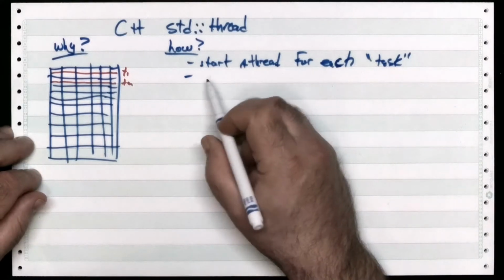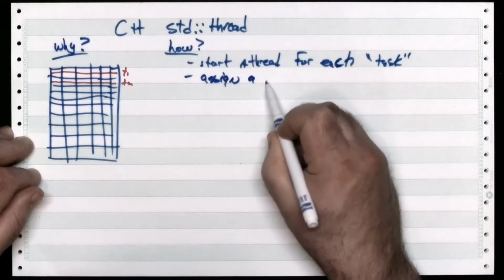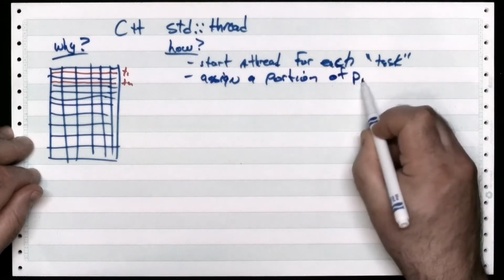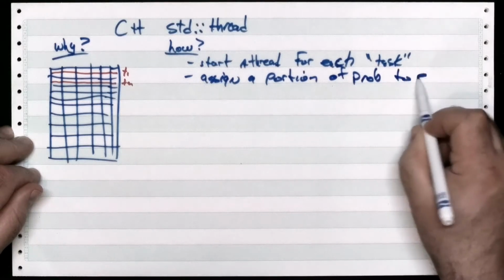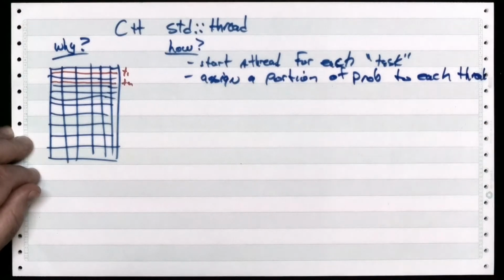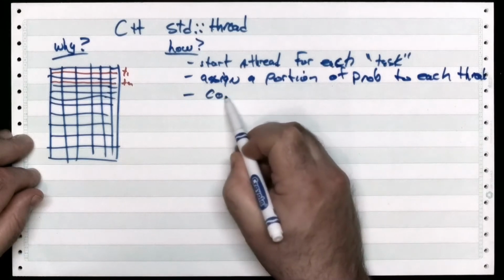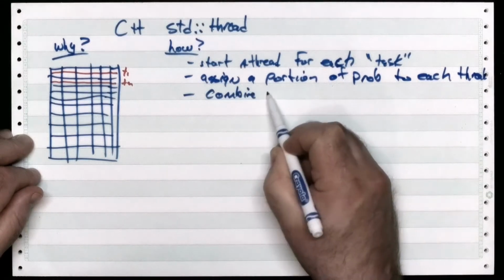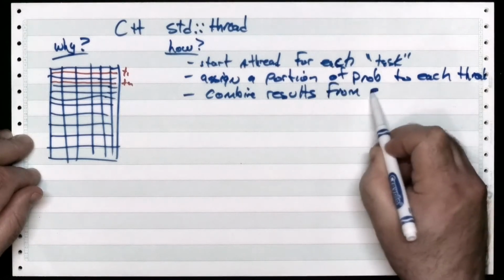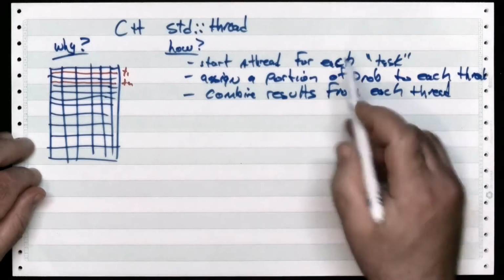So we have to assign a portion of the problem to each thread. When we're done, we have to combine the results from each thread. This is roughly what you need to do.